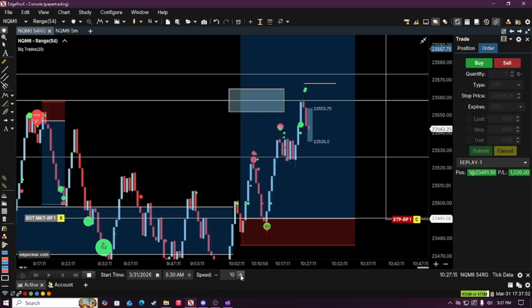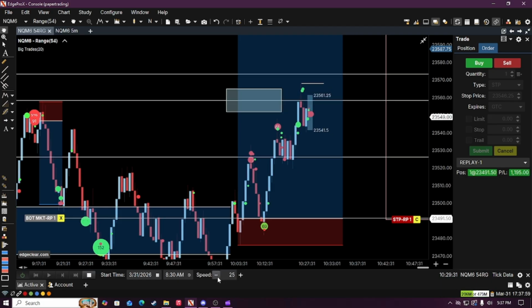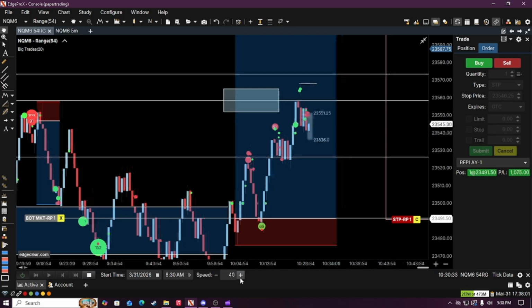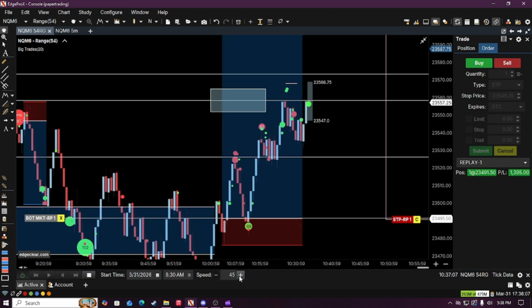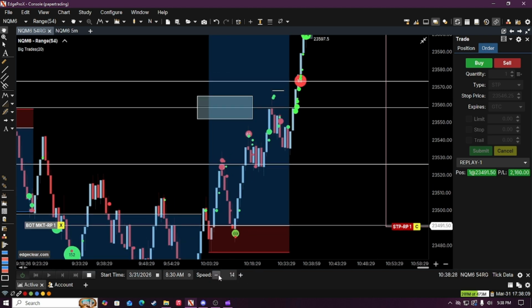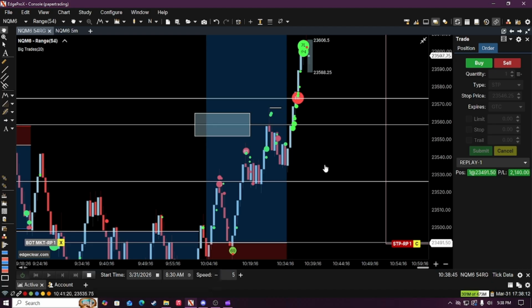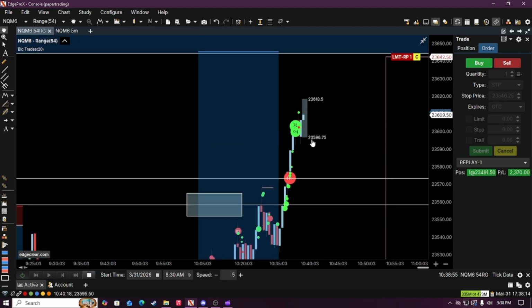So let's see how it went. After that squeeze, I'm going to move my stop loss a little bit higher, so I don't risk any more money. Yeah, as you can see now, sellers are getting a little bit in control. Buyers retake it. Again, we touch the squeeze and look at that acceleration.